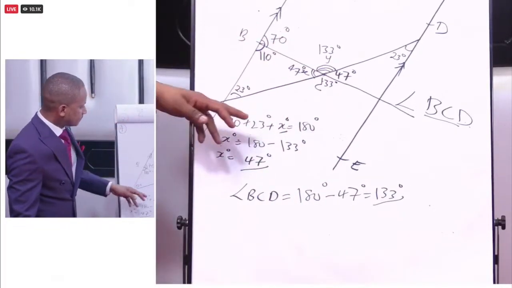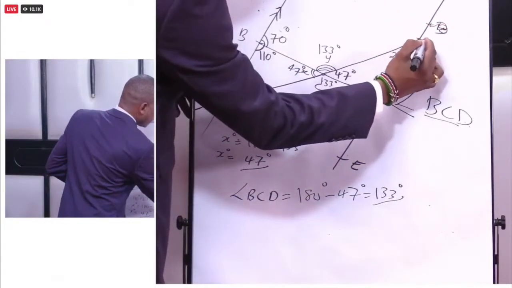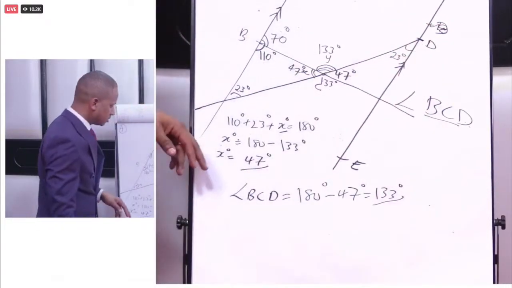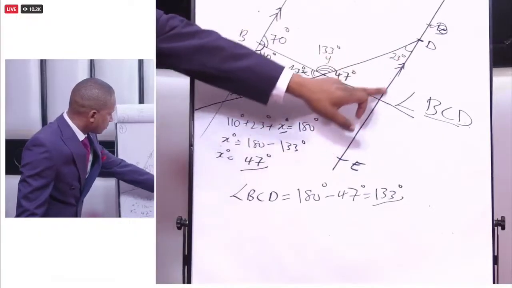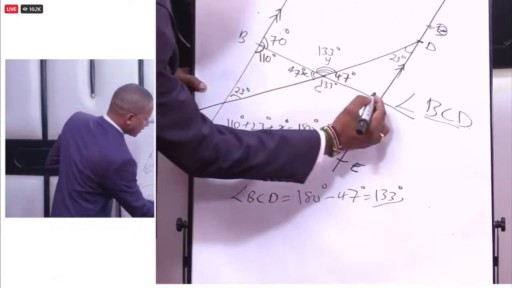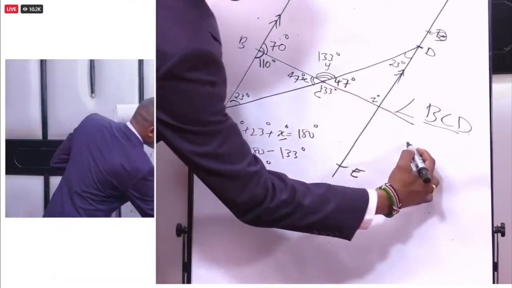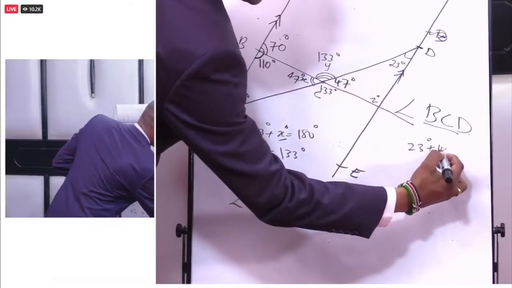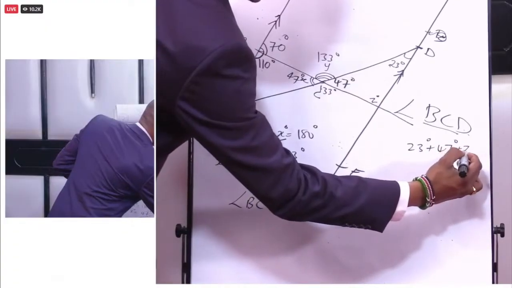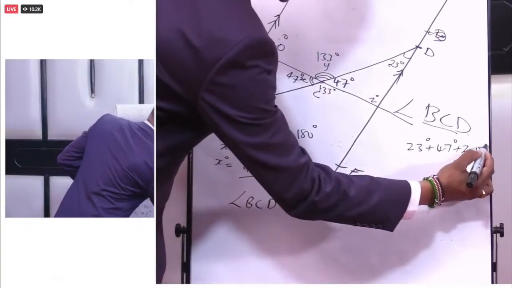Then this angle, you mark where your D is so that we are not out. These angles are angles in a triangle, add up to 180 degrees. So we can get angle Z, which is 23 degrees plus 47 degrees plus Z equals 180 degrees.